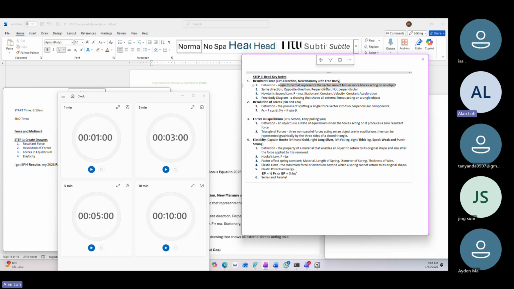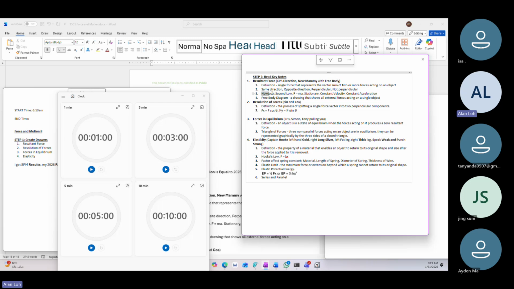This is normal. Then there is something related to same direction, opposite direction, perpendicular or non-perpendicular. What exactly is this? Don't worry. You just need to know there is something related to directions that's related to drawer number 1, which is resultant force, which is related to your SPM result in the story. Resultant force is SPM result.